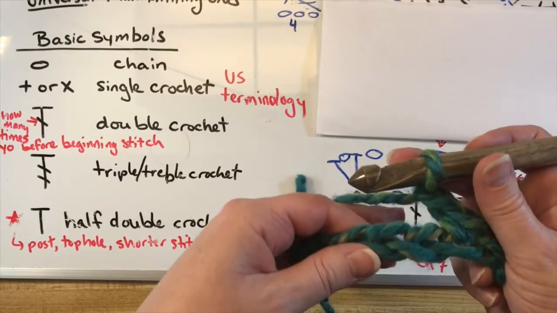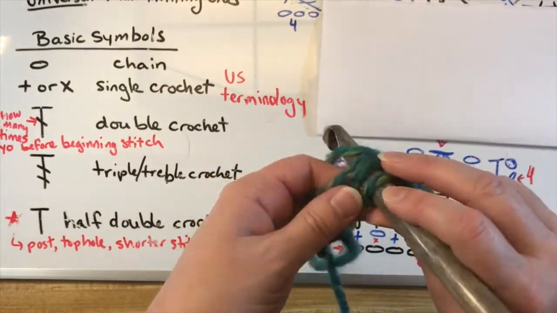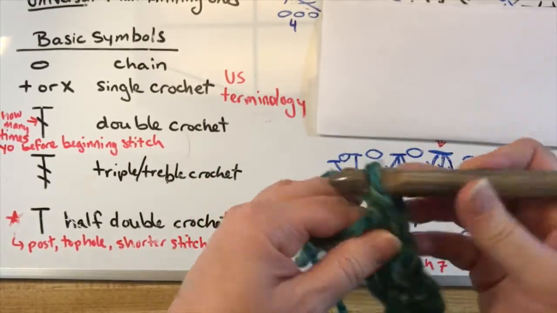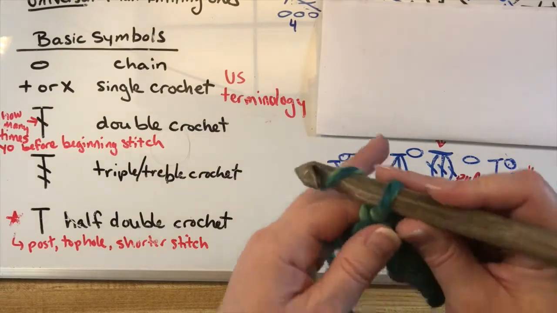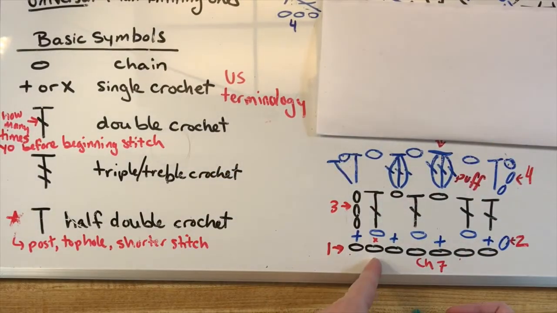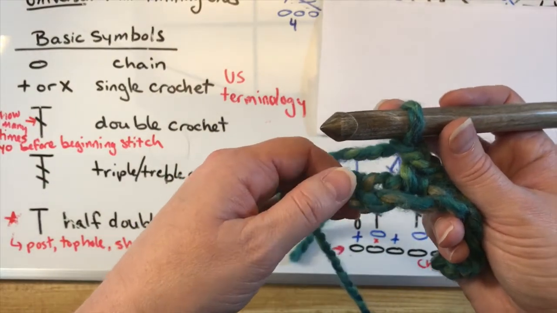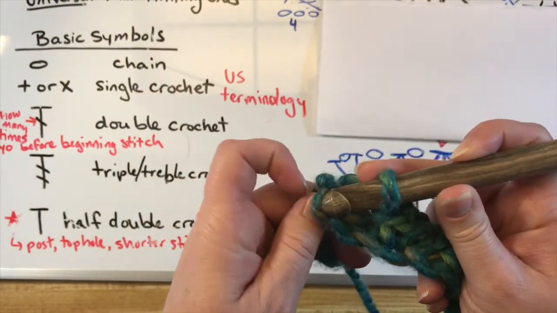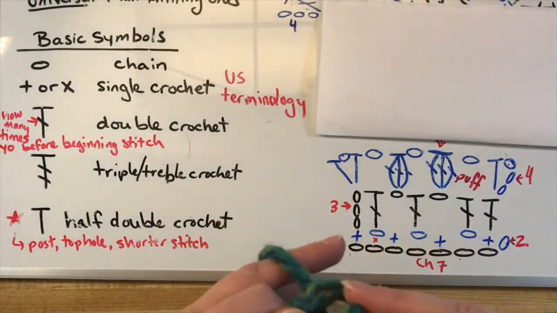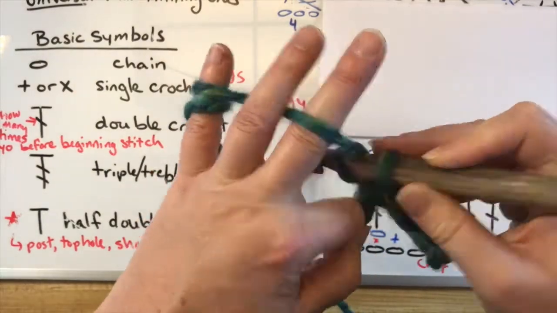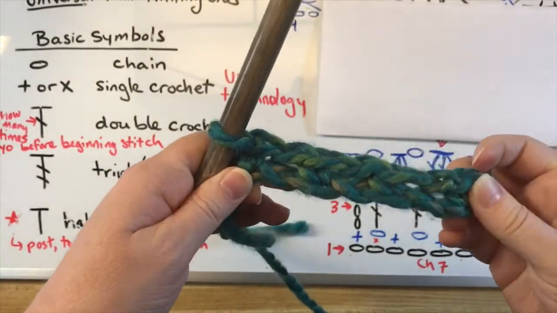Chain 1, skip a chain here, go into the next one and do a single crochet, chain 1, skip 1, and I should be at the end to do a single crochet. I skip this one, go into this one. It is my base starting chain. There we go.